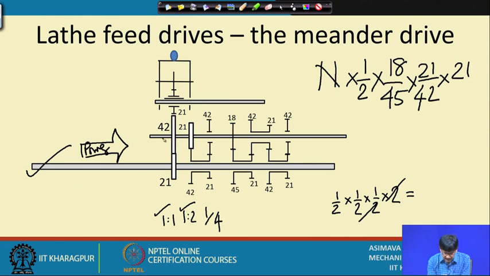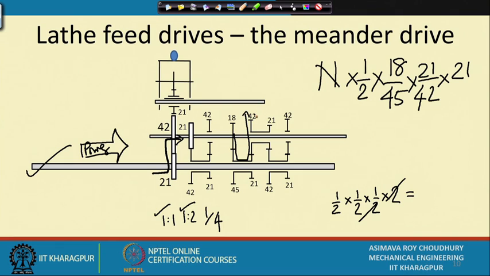So, from here power flows this way, then this way, then this way, and we are going to tap from here. Sorry, this is where I made a mistake. It is an idle gear. So, it will happen this way into 42 by 21.